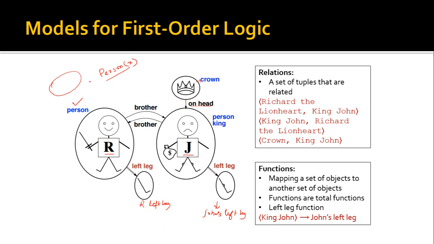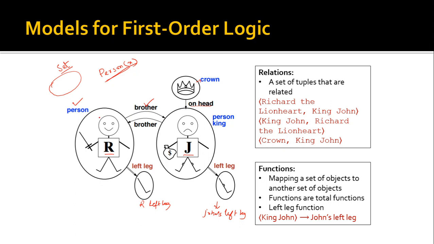Now how do you model a relation like this? You can see that we can model these kind of constructs which have only one parameter as a set, right? So mathematically we can represent that as a set. Now let us try to represent, say, this brother relationship, right? This brother relationship can be represented as a set of tuples.